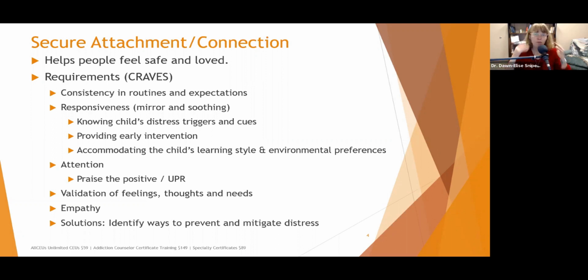We're going to talk more about learning style in a little while, but not all children want to be in a light colored room. Some children may choose a color. They want to be in a blue room. Okay, whatever that is that works for them, and helping them have safe spaces wherever they go that they can feel calm and comforted is going to be really important, and figuring out what that means for that child is going to be important.